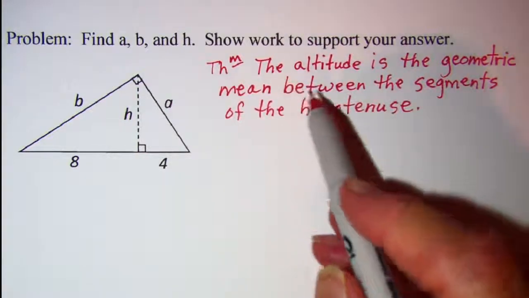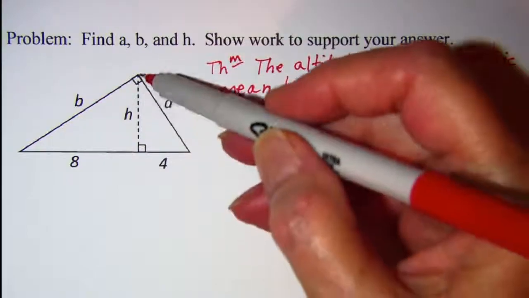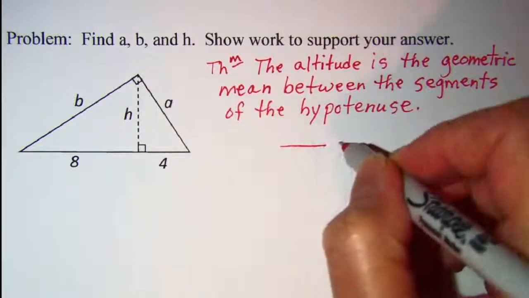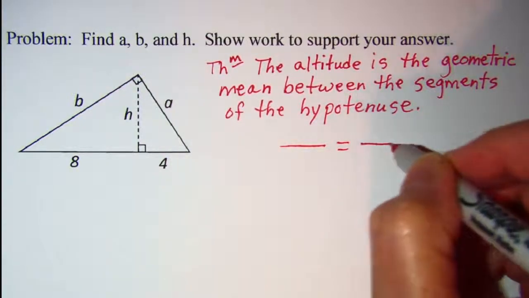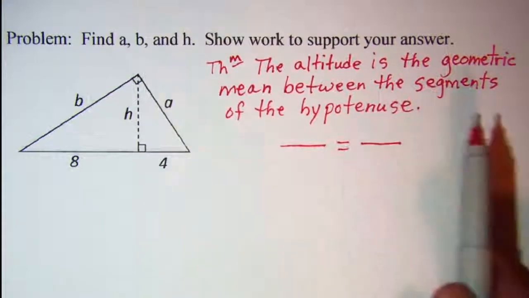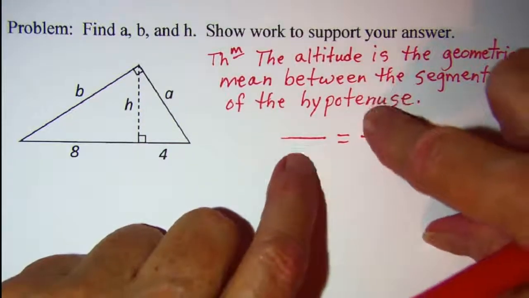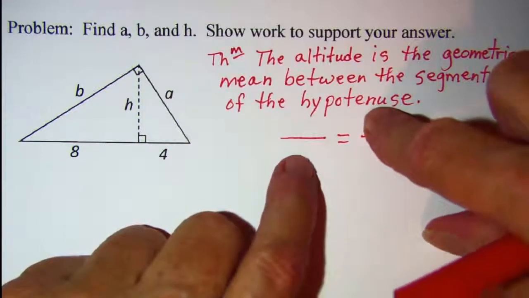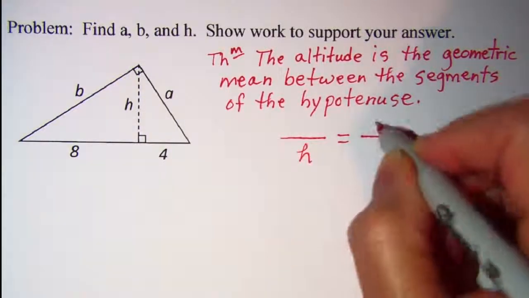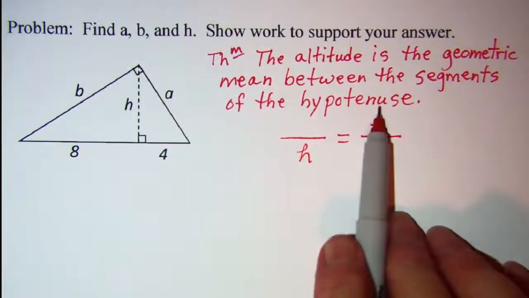And what it says is that the altitude, which in this case is h, is the geometric mean. Now, as far as a proportion goes, the means are the second and the third positions that you put in. So h is the geometric mean between the segments of the hypotenuse.